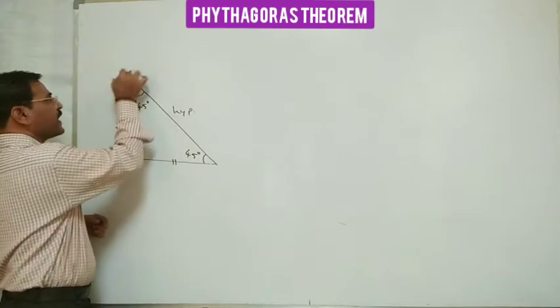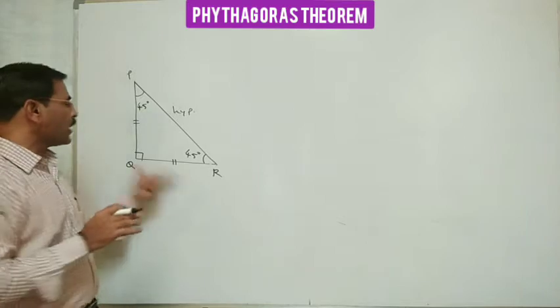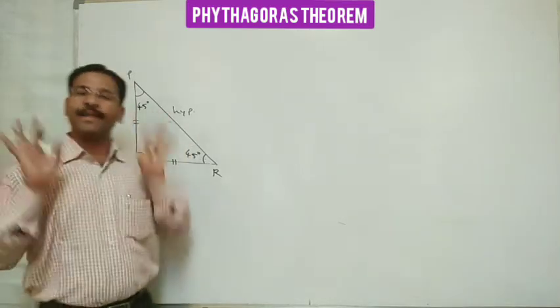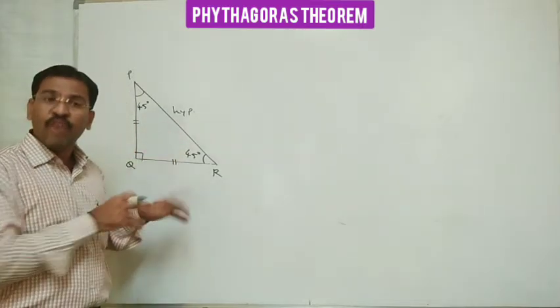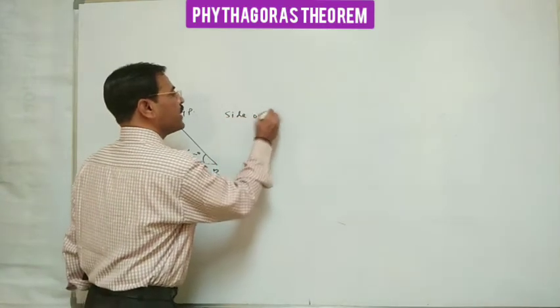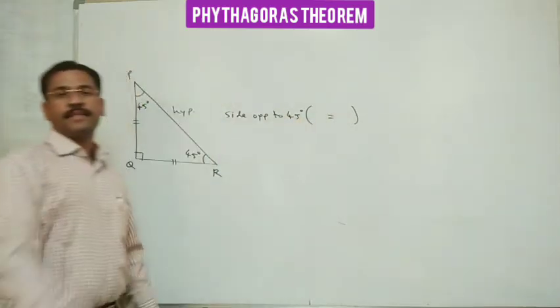Suppose I take PQR as a right angle triangle, in which PQ and QR are both the same. This is the right angle, hence these two are 45 each. Whenever the triangle is like this, the side opposite to 45 degrees, here the two sides are the same.